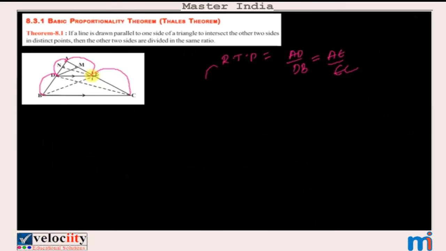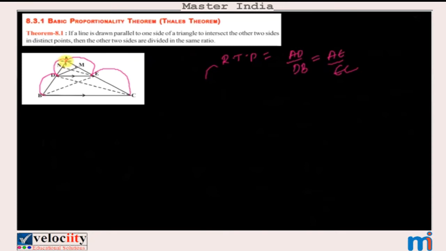What we need to do is first draw a perpendicular EN perpendicular to the side AB, and we'll draw another perpendicular DM which is perpendicular to AC. Now we have to prove that AD by DB is equal to AE by EC.